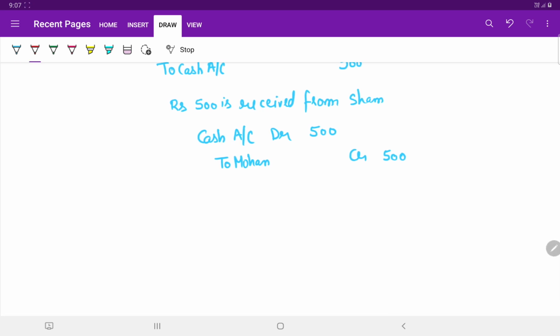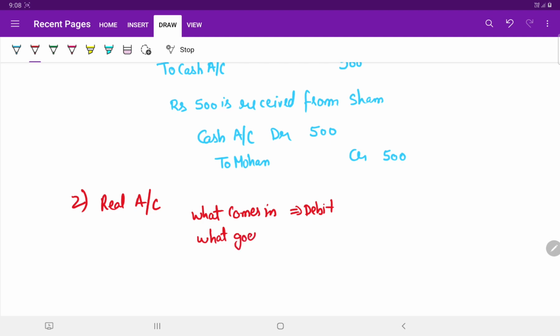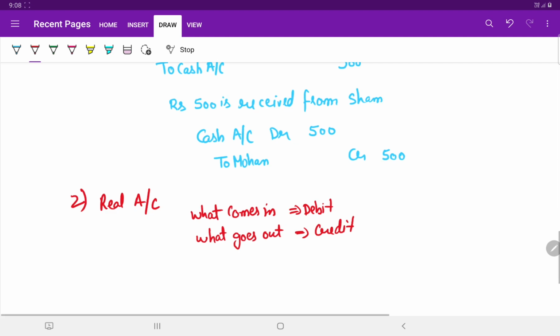For the real accounts, what comes in is a debit and what goes out is a credit. For example, we can say that we had purchased furniture for rupees 2000.